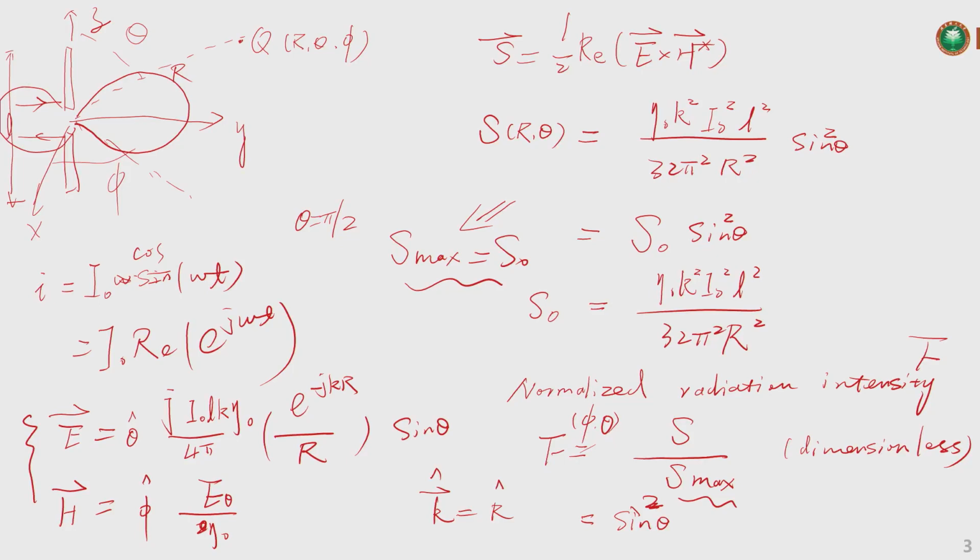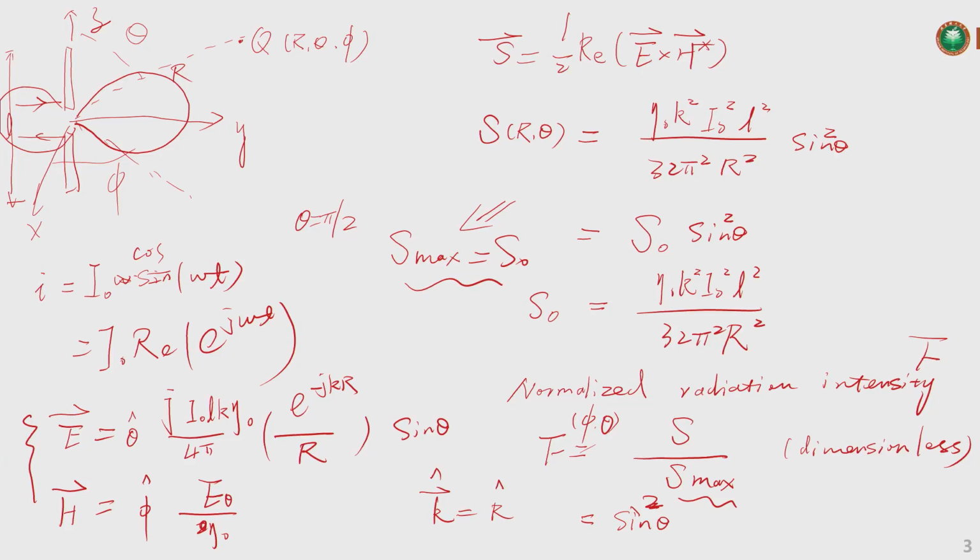This is just for the Hertzian dipole antenna, and if we want to transfer it to much more popular antennas that we use right now, like the horn antennas or the dish antennas, we're going to have much more common expressions for the analysis or for the antenna characterizations.